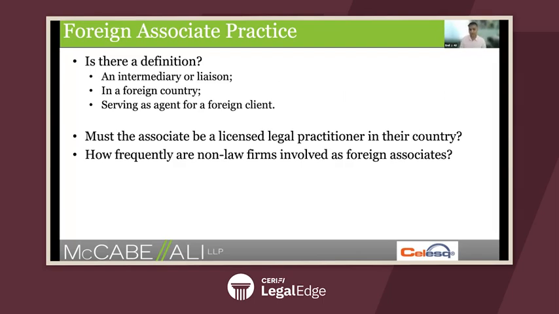So let's jump into the actual substance of some of the topics we want to talk about. One very common question I get is, are we allowed to work with third parties? And before we get into the foreign associate aspect of it, I want you to think for a second back in the late 2000s, 2007, 8, and 9. We had an economic downturn. And so from the zero interest rates, we saw interest rates getting adjusted, people doing mortgage modifications, things like that.